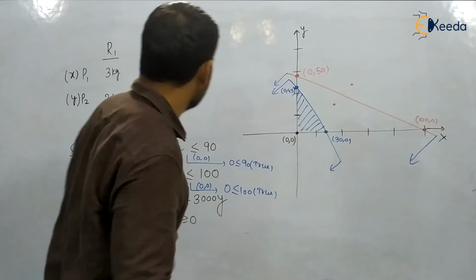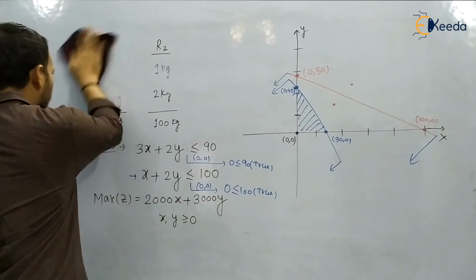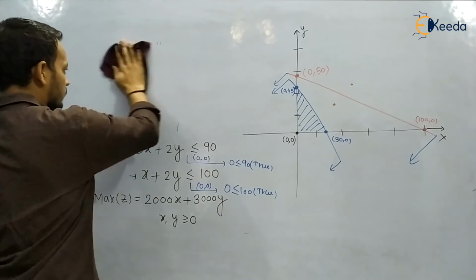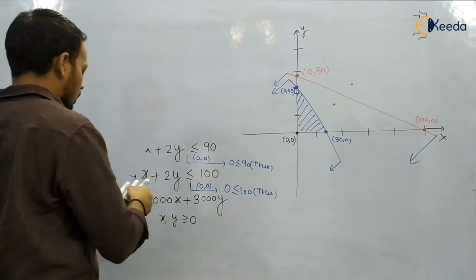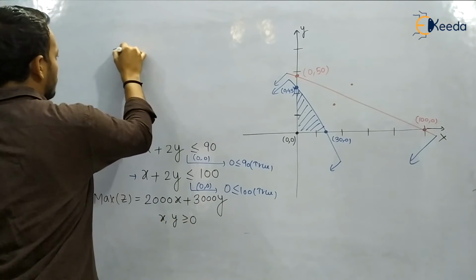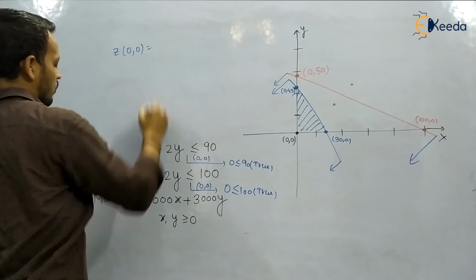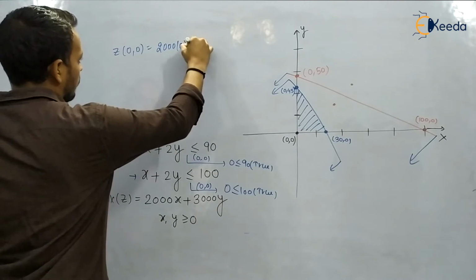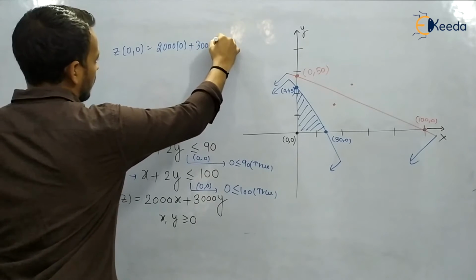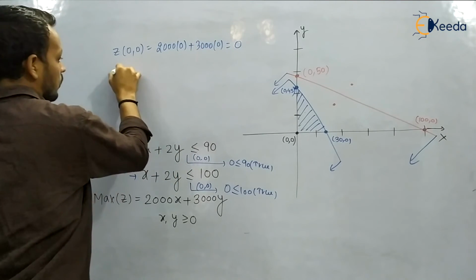So what we have to do, we have to find the maximum profit. So we have got 3 corner points. For (0, 0), putting in the objective function, 2000 into 0 plus 3000 into 0, we have got 0.